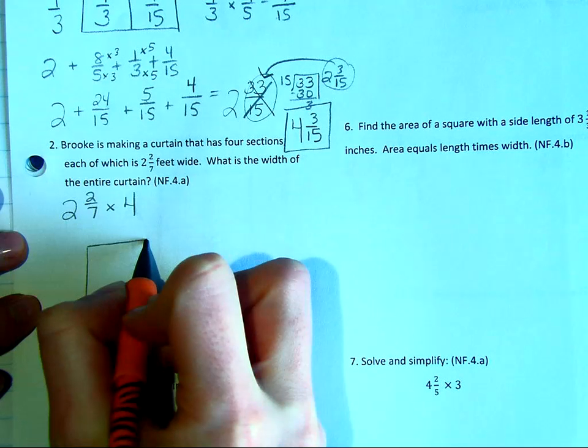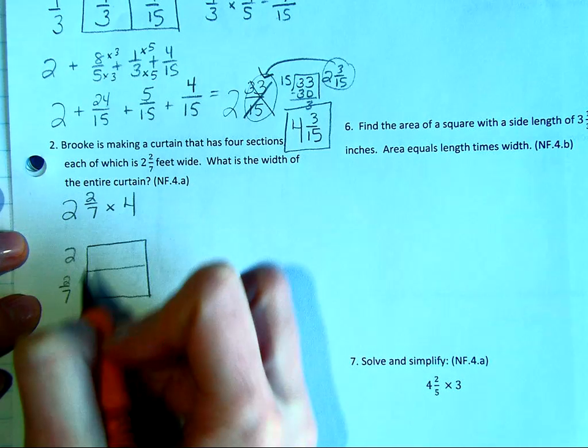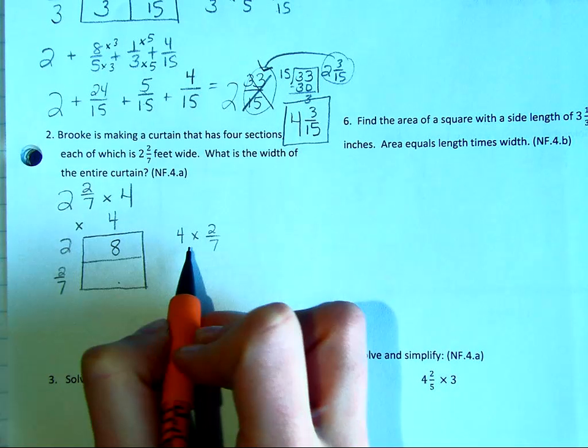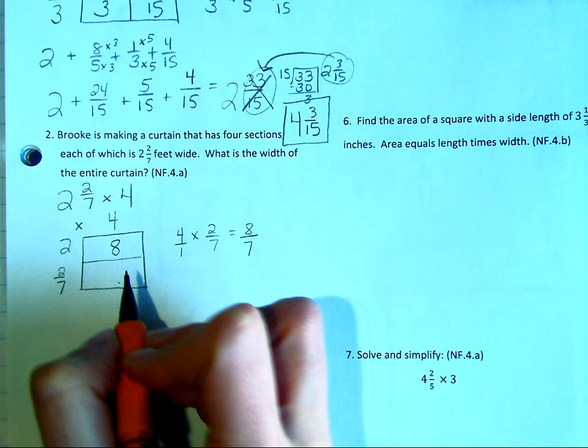So this would be 2 whole and 2/7 times 4 whole. 4 times 2 is 8, and then I need to multiply 4 times 2/7. This 4 is a whole number, so I can put a 1 underneath it. 4 times 2 is 8, and 1 times 7 is 7. So this box is 8/7.